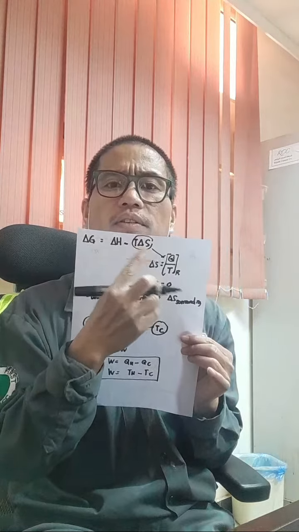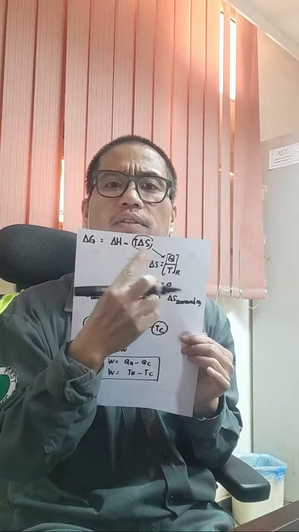Since then we assume that this is an isovolumetric or isochoric thermodynamic process in which there's no change in volume. From the equation, work is equal to pressure times the change in volume, so this must be 0. So work is equal to 0.